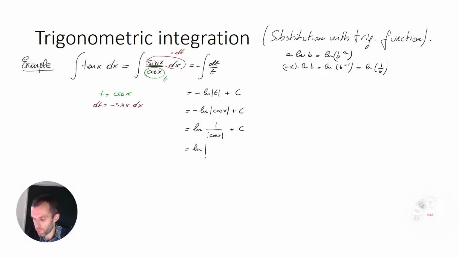We can also take out the absolute value and write this as logarithm of absolute value of 1 over cosine x. And so this then becomes logarithm of absolute value of the secant function plus c.